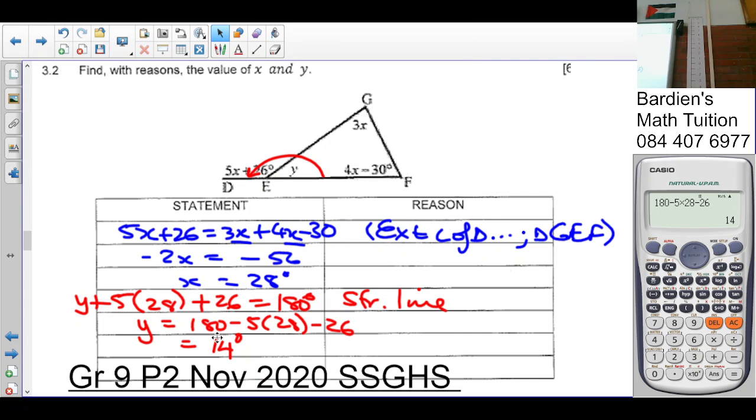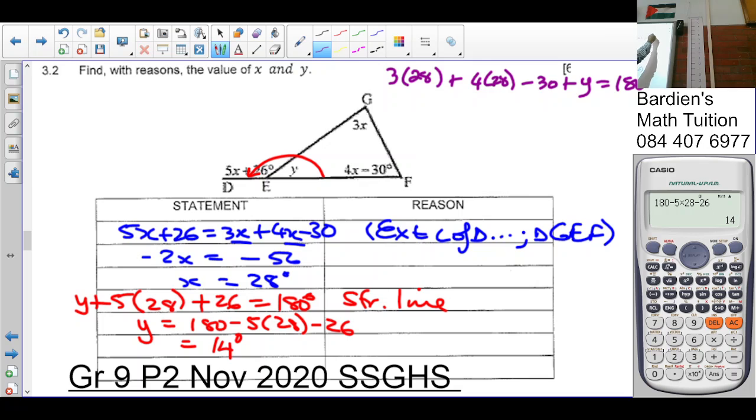Who got 14? Nobody got 14. Okay, let's see the other way around. But you guys got 28. Okay, let's see how. So it's going to be 3 times 28 plus 4 times 28 minus 30 plus y equals 180. That would have been sum of angles of a triangle, triangle GEF.